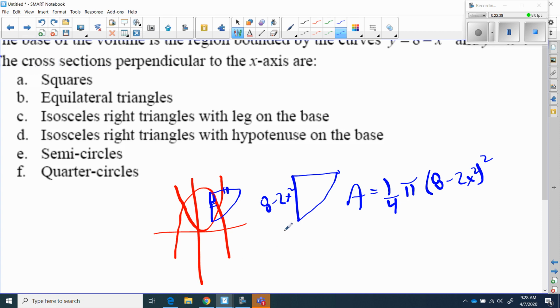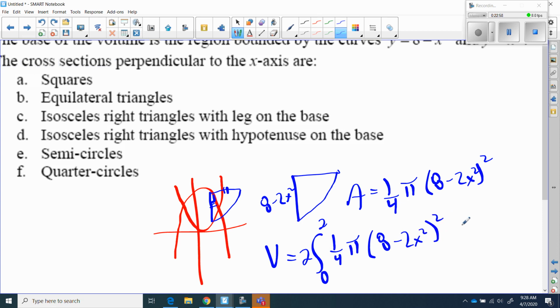Well, we're going to go volume then. Volume will be the integral. So we'll do it the same as the last time. We'll go from 0 over to 2, and we'll double that. 1/4 of pi times 8 minus 2x squared dx.